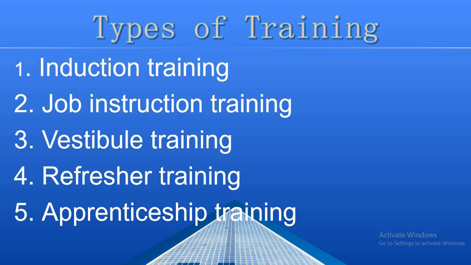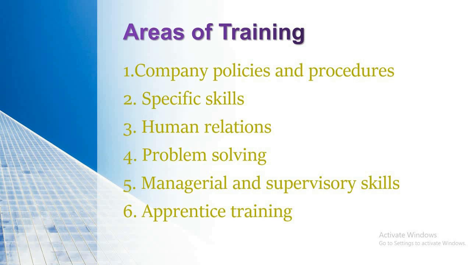Apprentice training. An apprentice is a worker who spends a prescribed period of time under a supervisor. Organizations provide training to their employees in the following areas: company's policies and procedures.